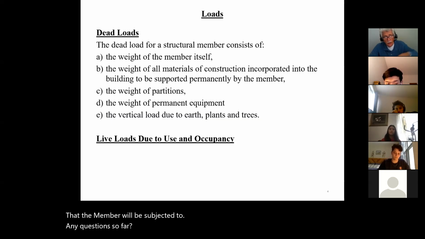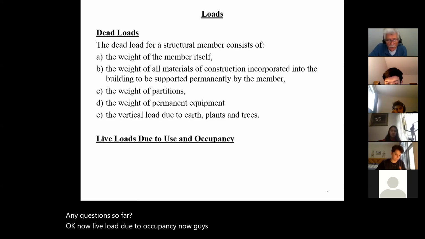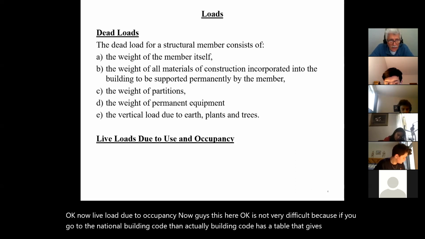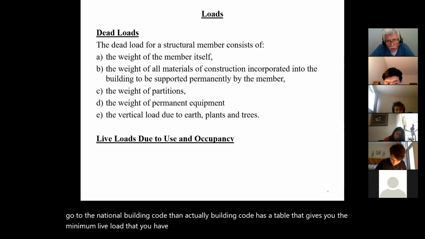Okay. Now, live load due to occupancy. Guys, this is not very difficult, because the National Building Code has a table that gives you the minimum live load that you have to subject your structure to, depending on how it's going to be used.